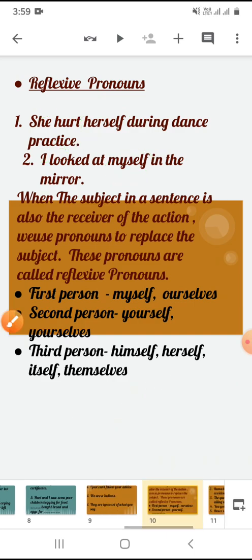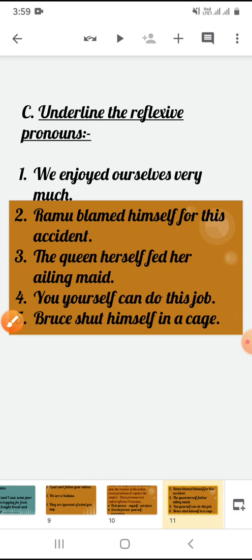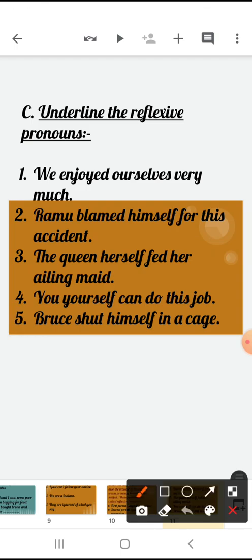Now the exercise. This exercise is also there in your book. Underline the reflexive pronoun. We enjoyed ourselves very much. From which word do you think it is a reflexive pronoun? Ourselves is a reflexive pronoun. Ramu blamed himself for this accident.